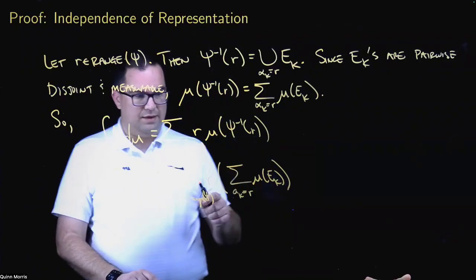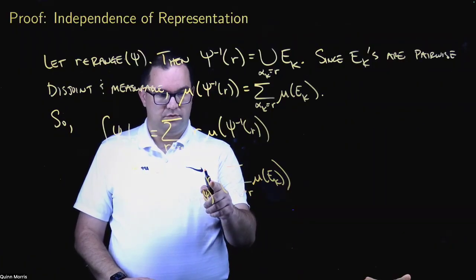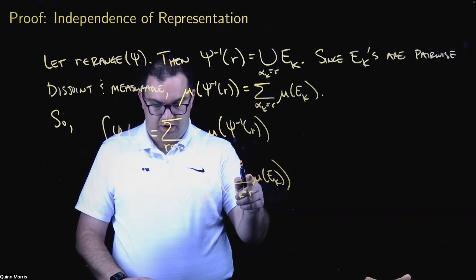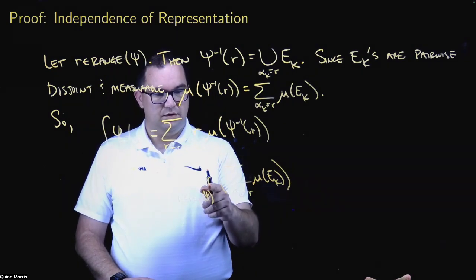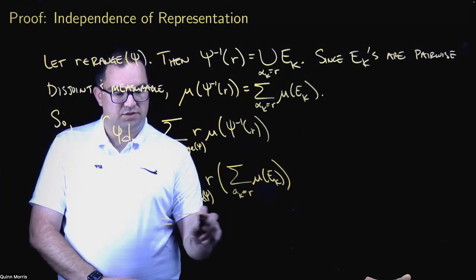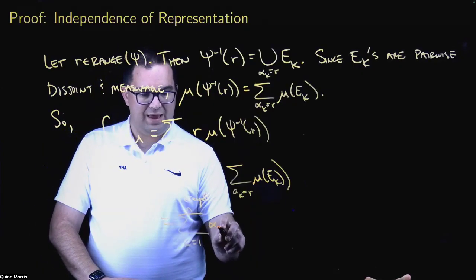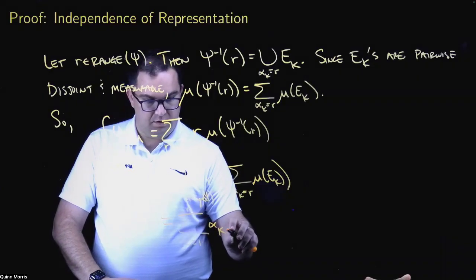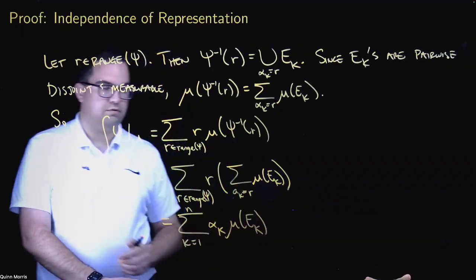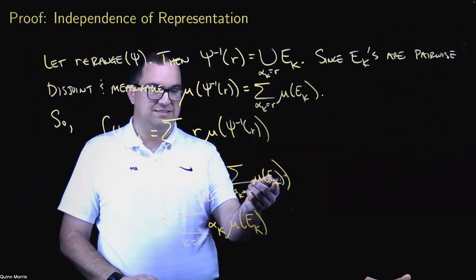But now if I look at this, for a fixed R, if I push this inside, then this just becomes the particular AK. I can re-express this as the sum k equals 1 up to N of AK times the measure of the EKs, because the R value is just the particular AK on that set.